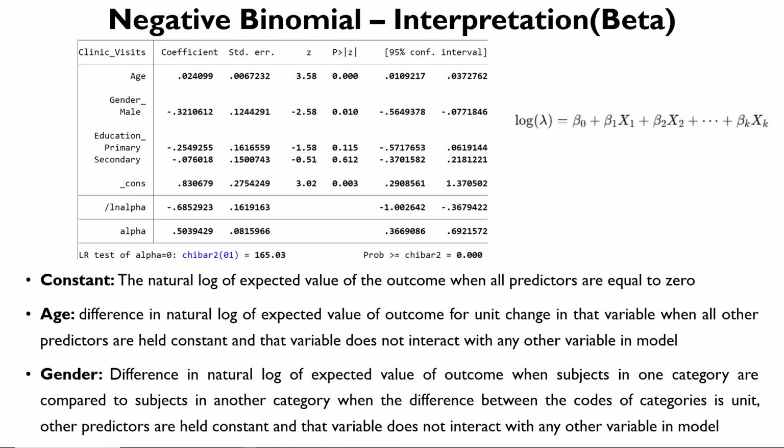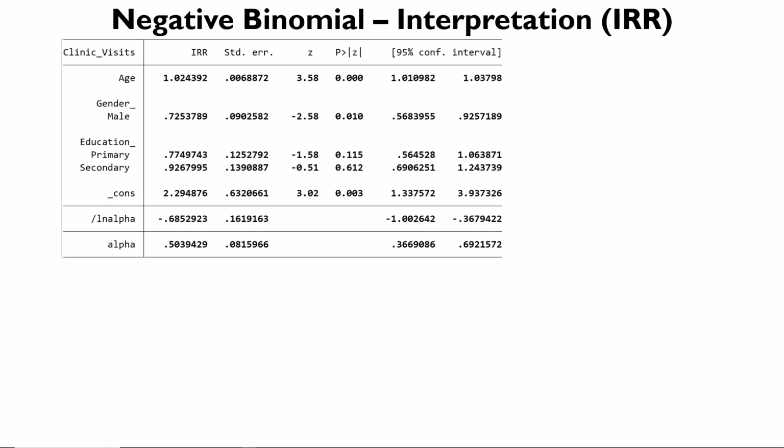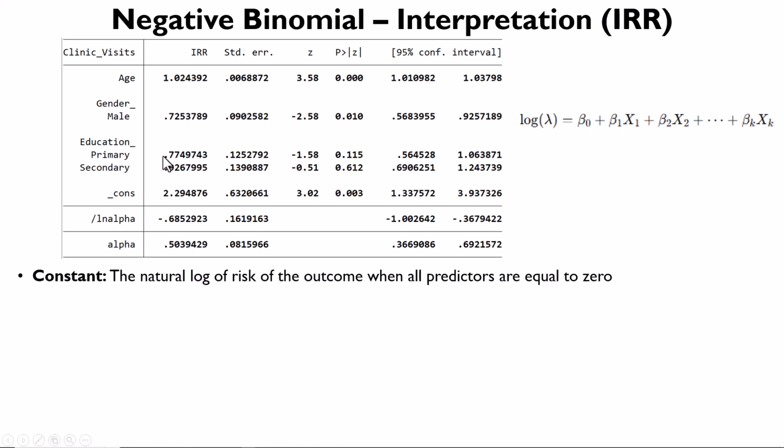Now let us look at a scenario where your model was reporting incident rate ratios. Still, we are going to borrow knowledge from how the negative binomial regression model is written out, which is the log of the expected value of your outcome, in our case clinic visits, is the one having a linear relationship with the predictor. So the constant, this one here, 2.294, is the natural log of the risk of the outcome when all predictors are equal to 0.